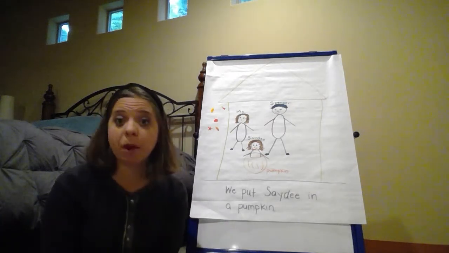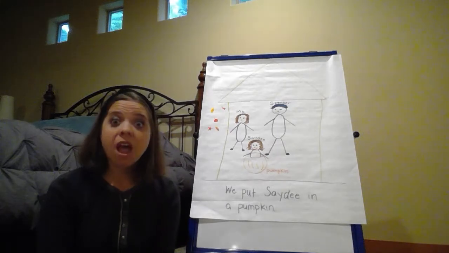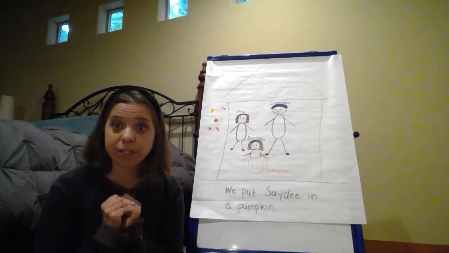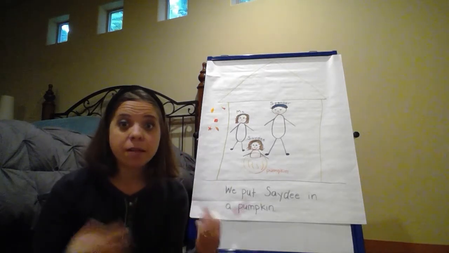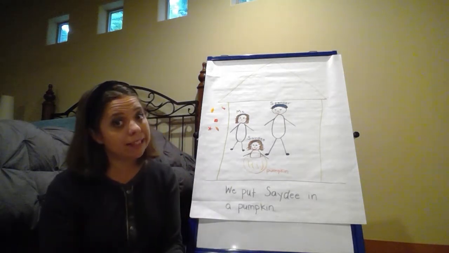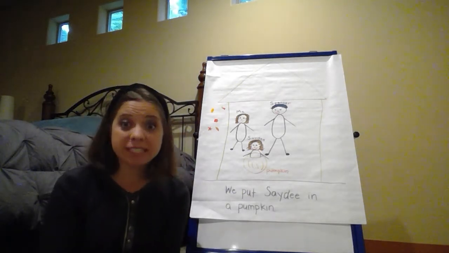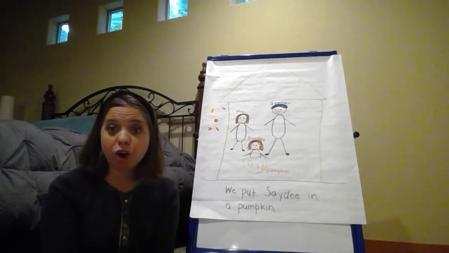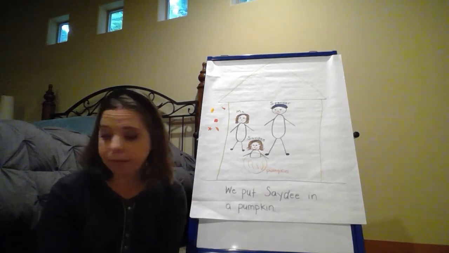Check with your grown-ups about what it's okay for you to draw and write on. And check with your grown-ups about what it's okay for you to draw and write with. Maybe you have markers, maybe crayons, colored pencils. So gather your materials that you'll need for drawing on and drawing with. Remember to check with your grown-ups.